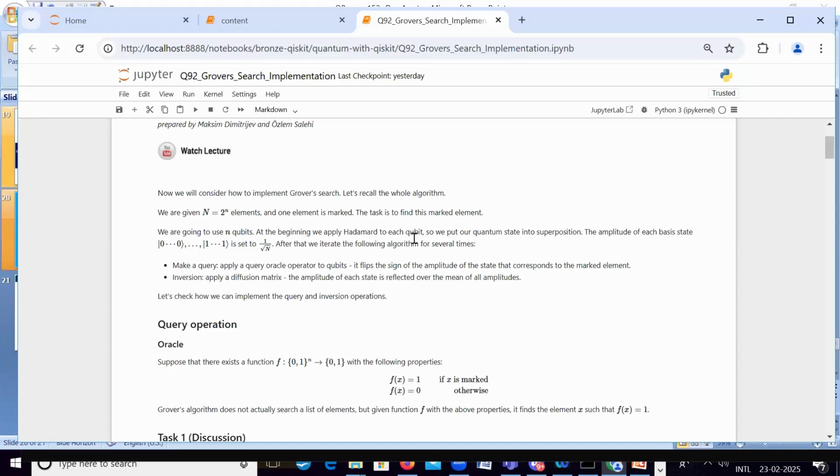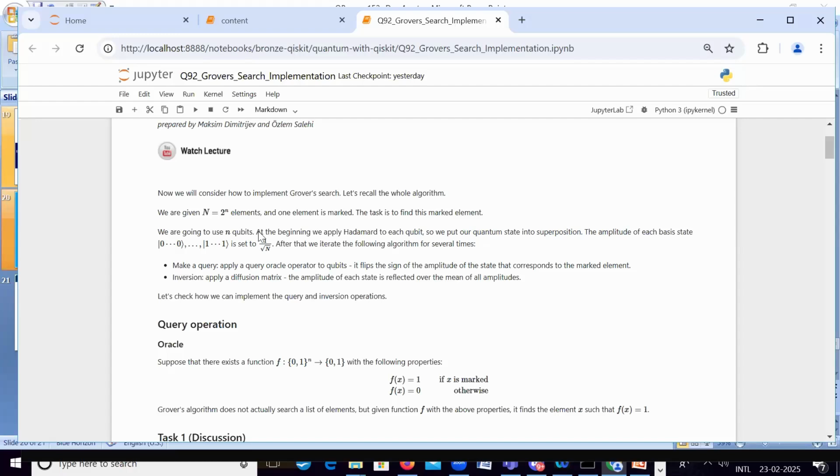At the beginning, we apply the Hadamard gates, as I said, to put all the states in superposition to represent the N different elements. The amplitude of each state at the beginning is set to 1 over root N. After that, the iteration should follow the algorithm several times.